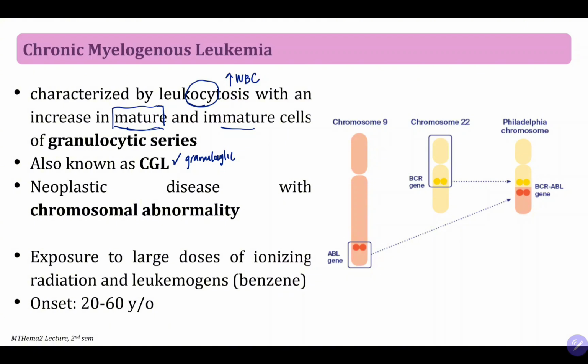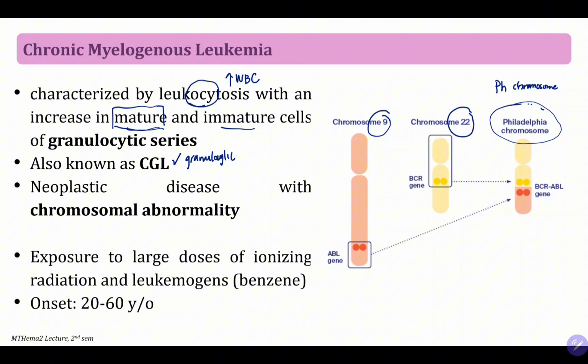Now, this proliferation of mature cells is due to a chromosomal abnormality known as your Philadelphia chromosome or your PH chromosome. In CML, there is a translocation of your arms of chromosome 9 and 22, forming the said chromosome.